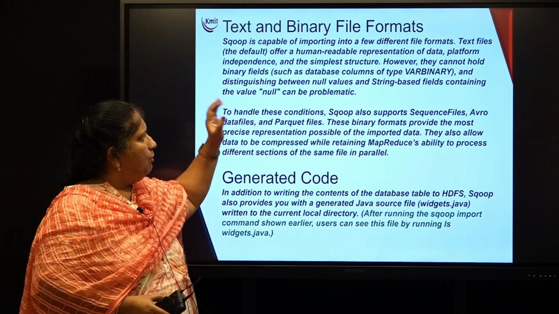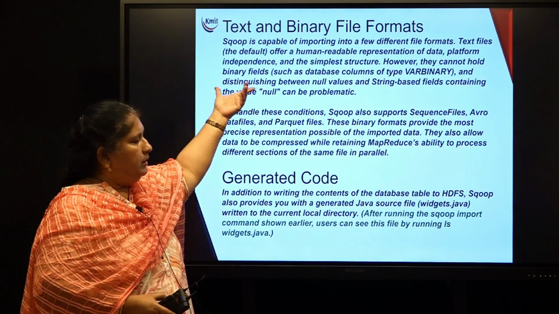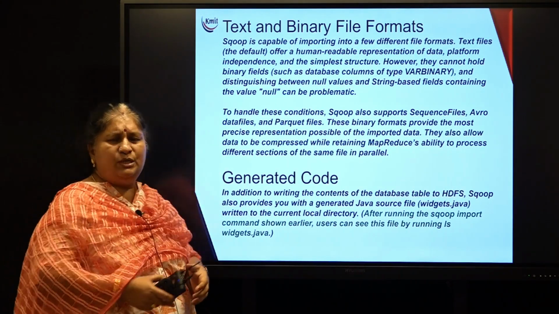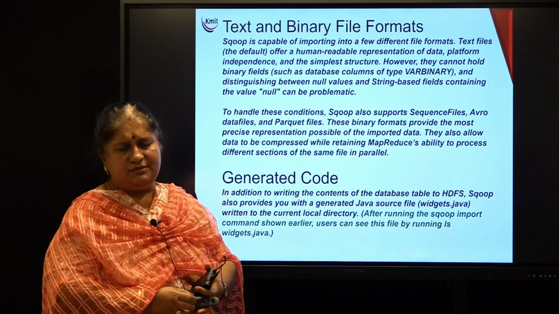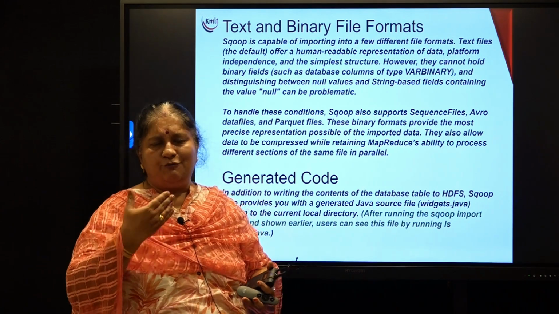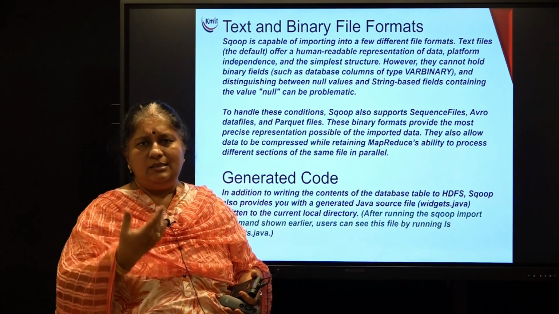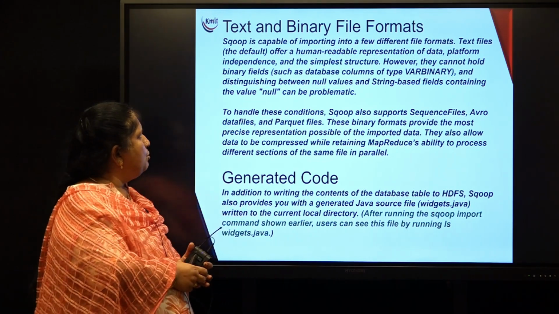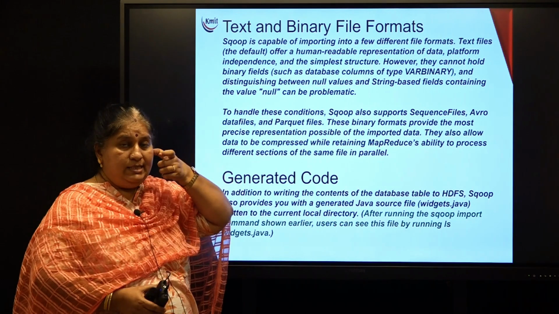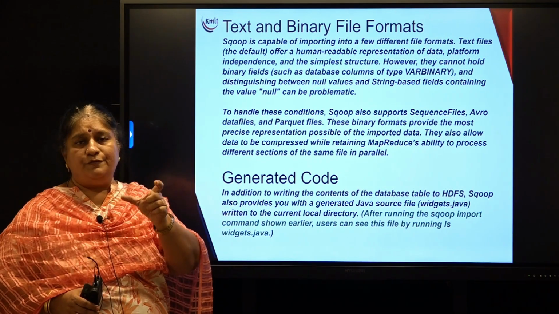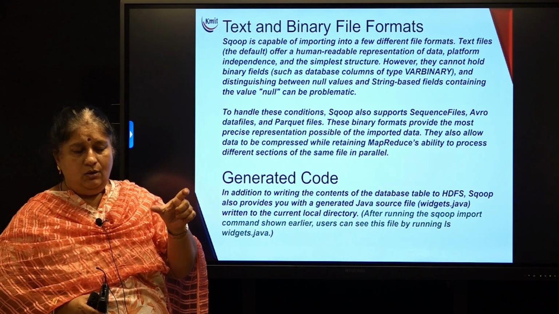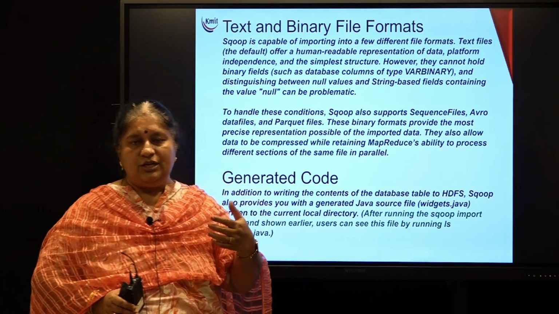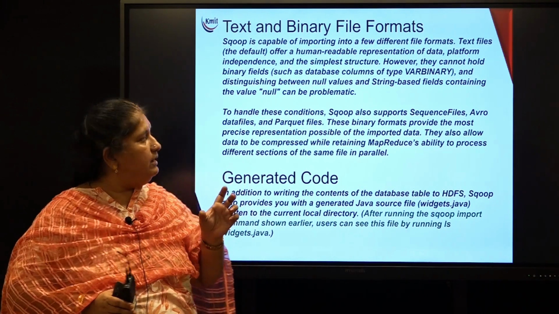Text files give you a human readable representation of the data, and we go for text files by default because of their platform independence and ease of reading. Sometimes they cannot hold binary fields. Say, for example, one of the data fields in my table is varbinary, or a raw data type. In such a case a text file cannot hold that binary information.